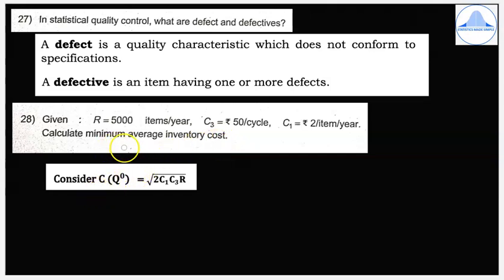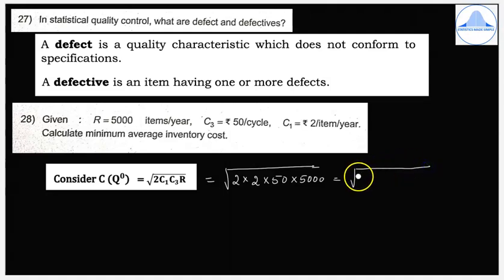So the formula for the minimum average inventory cost is C of q to the power 0, which is root 2 C1 C3 R. So substituting, you will get root 2 into 2 into 50 into 5000, which is equal to root of 10 lakhs. So the final answer is rupees 1000.